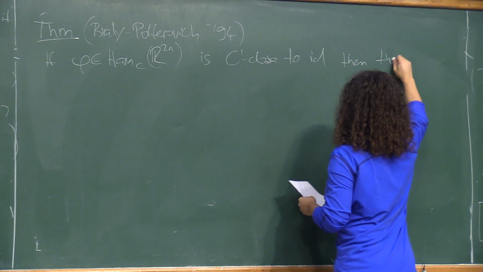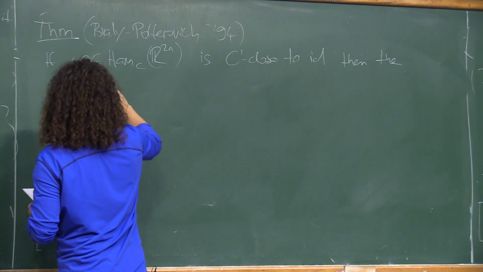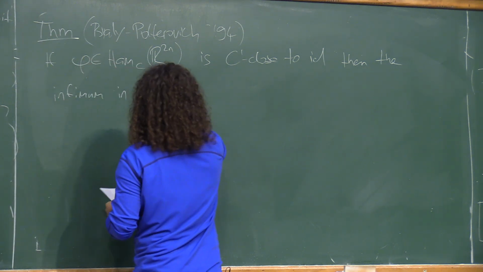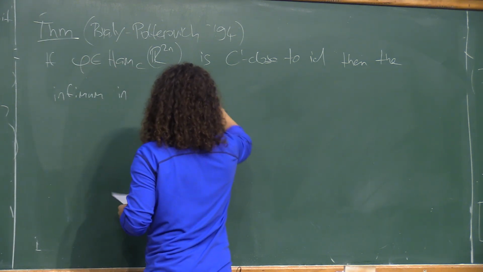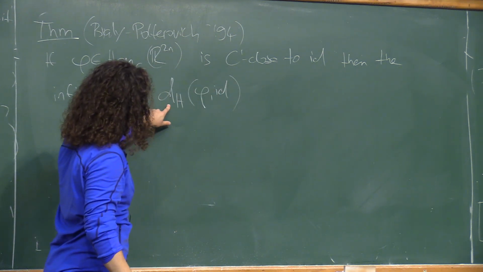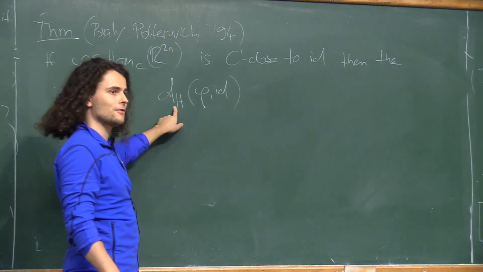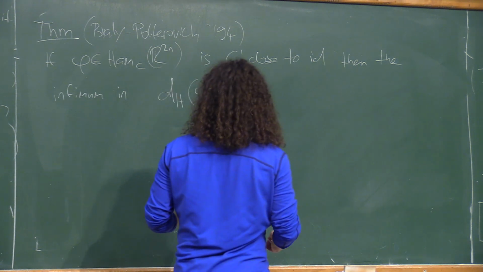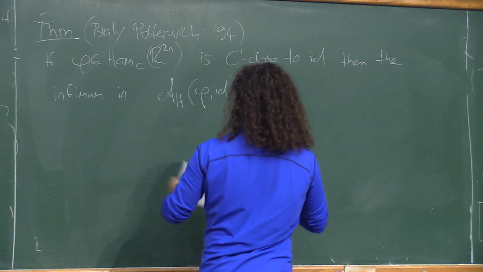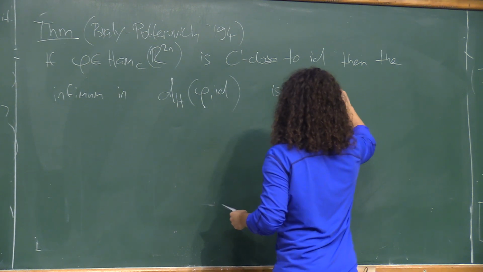the infimum in this quantity d_H of phi and the identity, so this is the Hofer distance of phi to identity. This definition also requires an infimum. So this infimum is attained.